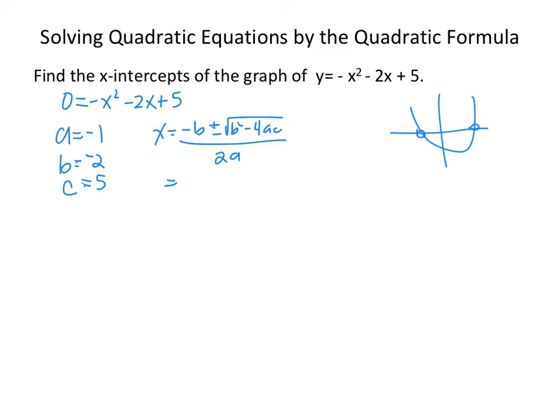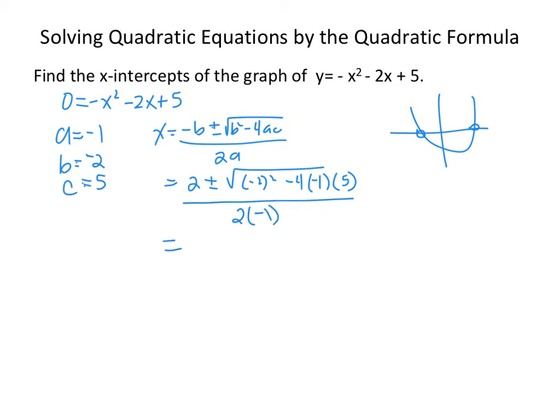So we have -2 becomes +2 plus or minus the square root of negative 2 squared minus 4 times a, negative 1, times c, 5, everything over 2 times negative 1.